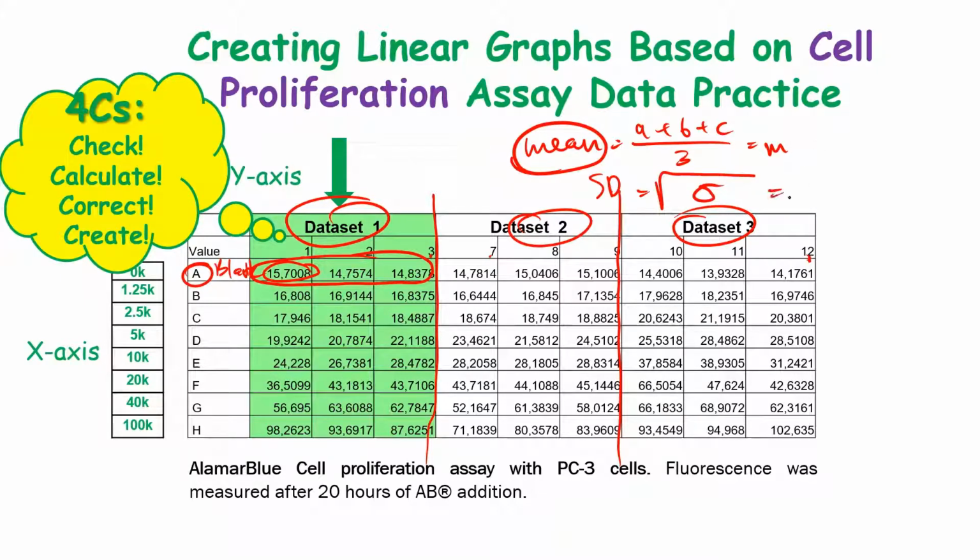Variance in this case is equal to A minus M, so A value minus mean, squared, plus B minus M squared plus C minus M squared, divided by 3. So this is going to be your variance. And if we take the square root of it, we obtain standard deviation.